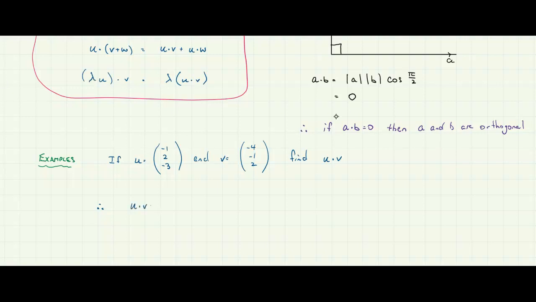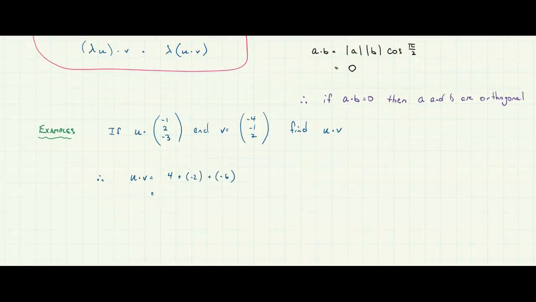So u dot v will be equal to -1 times -4, so 4, 2 times -1, -2, and -3 times 2, -6. I spotted a little mistake here. That should be a -2, the product of 2 and -1. So 4 plus -2, we're at 2, add -6. So -4 is our dot product here.